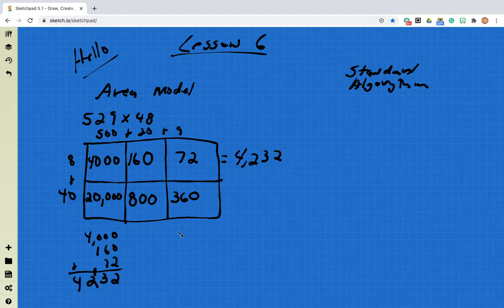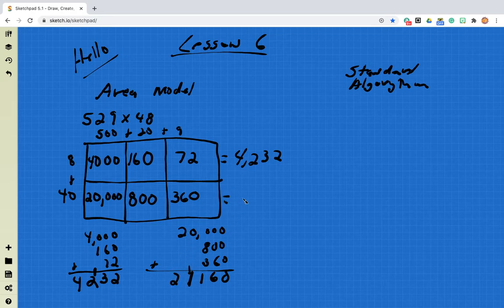Now for this one, I got to add those products up too. I got 20,000 plus 800 plus 360. Add those up. 0, 0, 0 is 0. 6 plus 0 plus 0 is 6 tens. 3 tens plus 8 tens are 11 tens, right? 0 thousandths plus 1 thousandths is 1,000, and 2 10,000ths plus nothing else is 2 10,000ths.